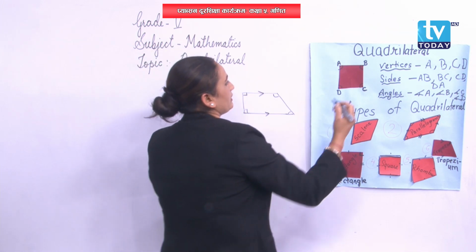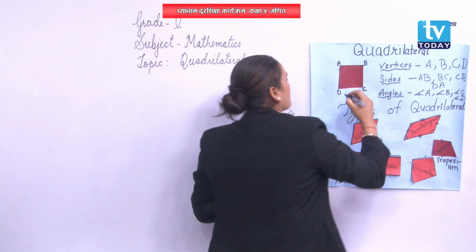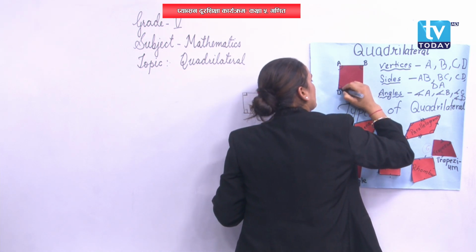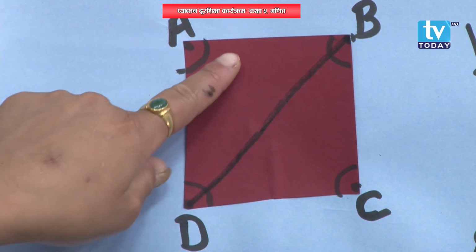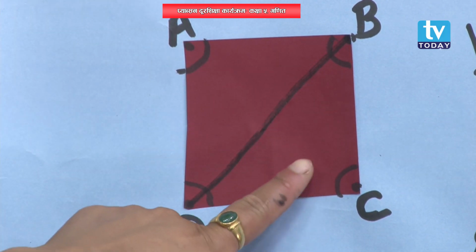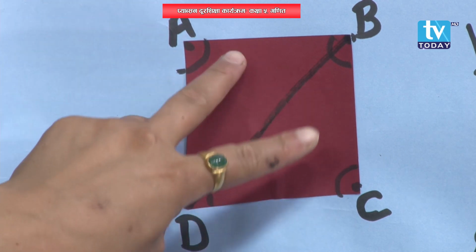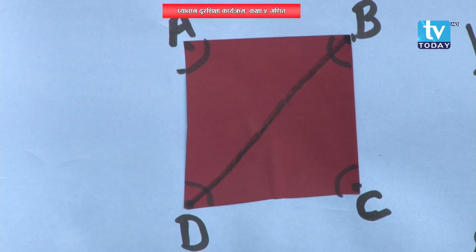See it properly, okay? This is the quadrilateral. Now, I am going to divide this quadrilateral into two triangles. One is the upper part, another is the lower part. Two parts are there in a quadrilateral. There are two triangles, right? Have you seen over here?